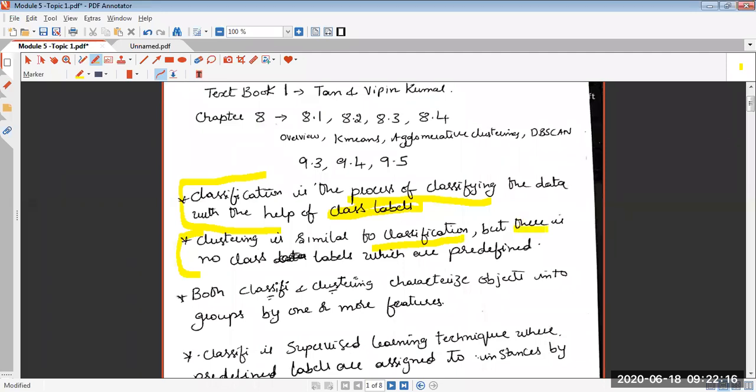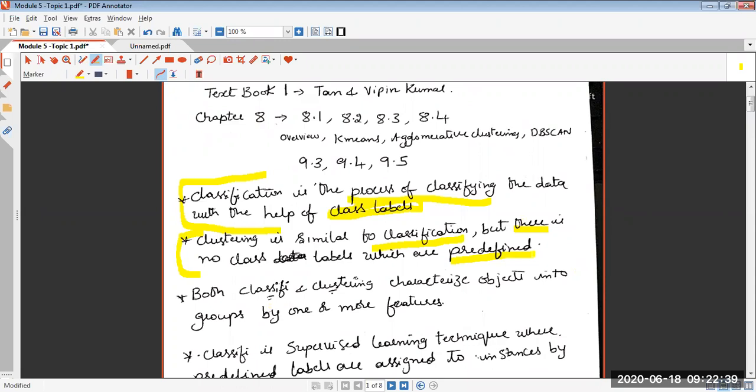You will not be giving the class label. You will not be telling the class label. The cluster model itself should identify what can be the label for this class, what should be the label. That will be decided by the clustering algorithm.